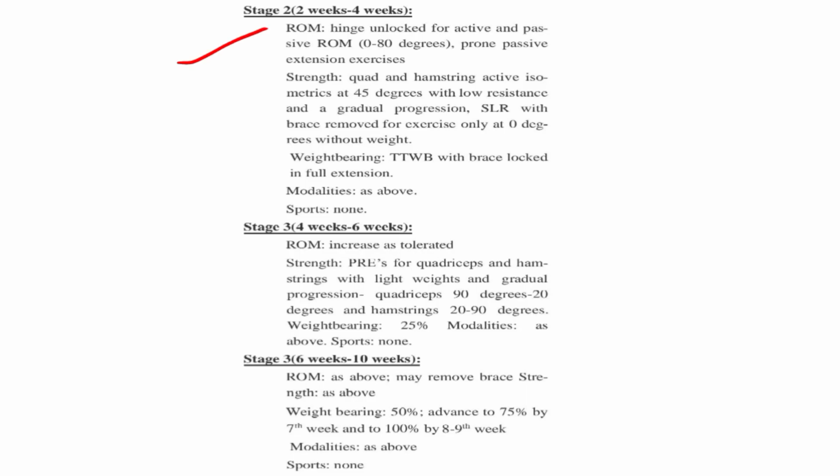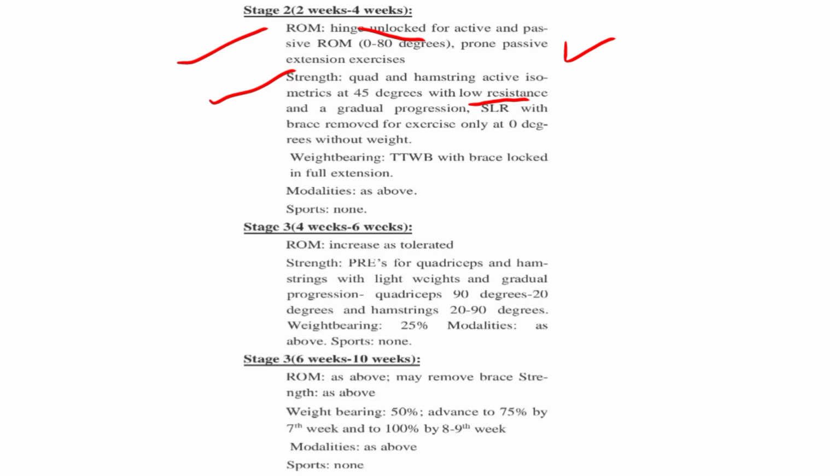In stage 2, 2 to 4 weeks, we can go for range of motion with the hinge unlocked, active and passive range of motion, and prone passive extension exercises. In case of strengthening, we go for quad and hamstring active isometrics at 45 degrees with low resistance.